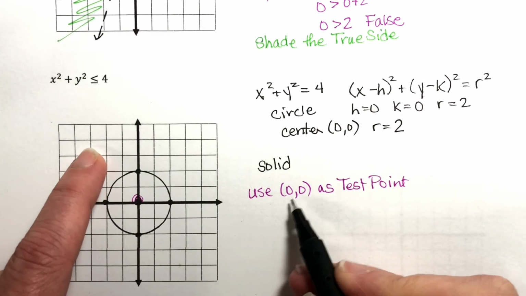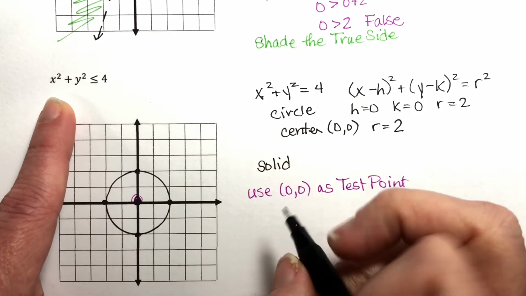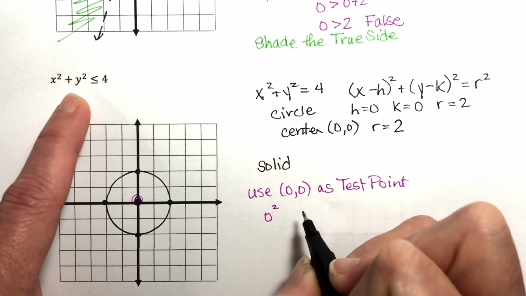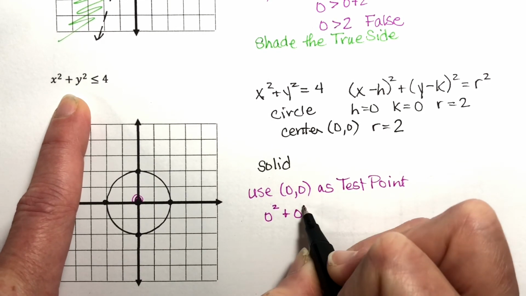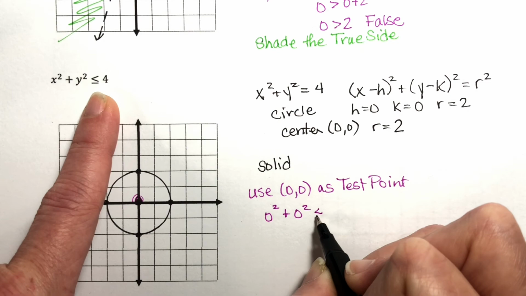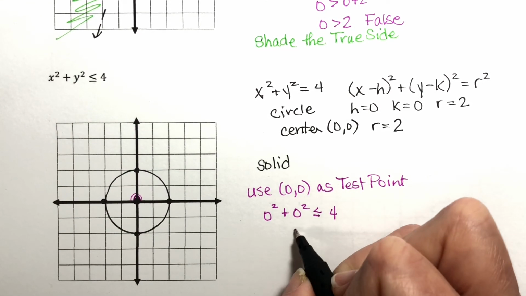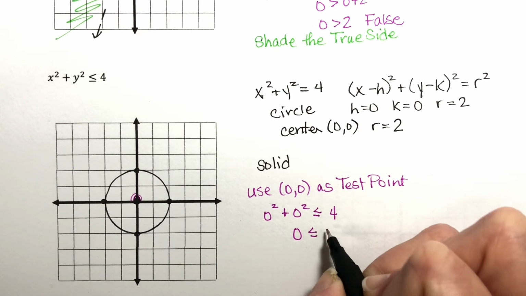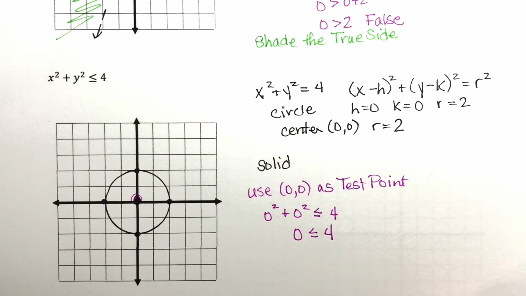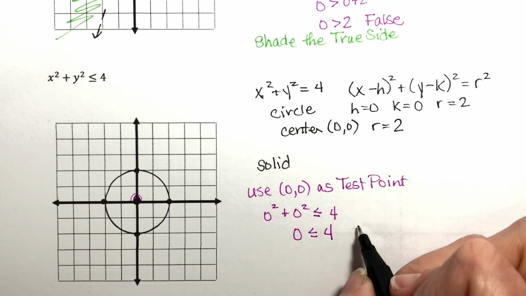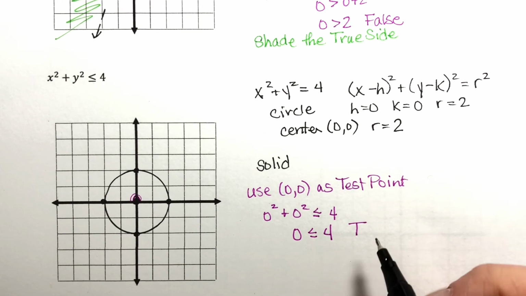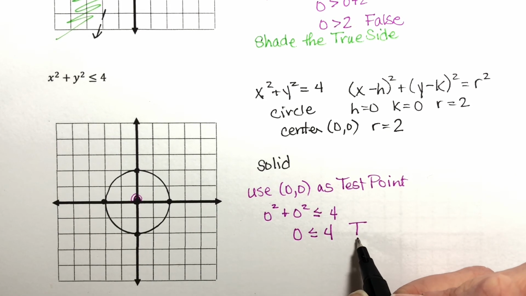So I'm going to take 0, 0 and plug it in here. That's going to be 0 squared plus 0 squared is less than or equal to 4. Well, 0 plus 0, which is 0, is less than or equal to 4. Now, is that true? Yes, it is. I always want to shade the true side.